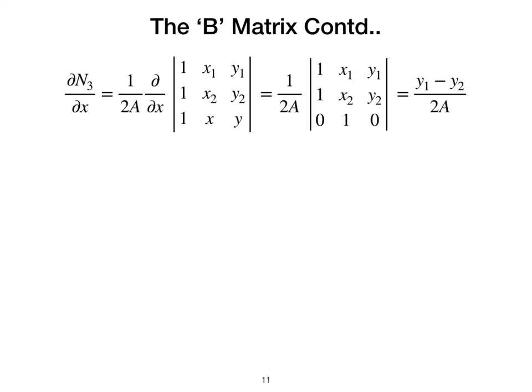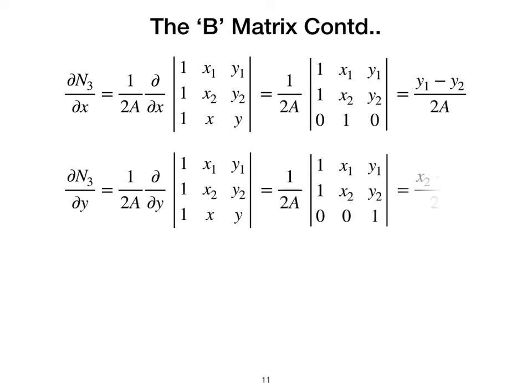Now for n3, the partial derivative of n3 with respect to x will similarly be equal to (y1 minus y2) divided by 2A, and the partial derivative of n3 with respect to y will similarly be equal to (x2 minus x1) divided by 2A.